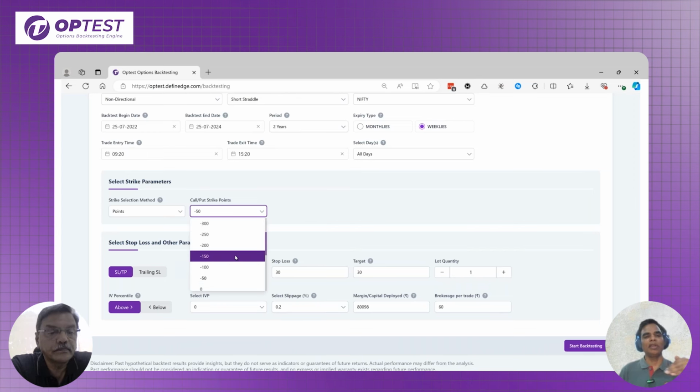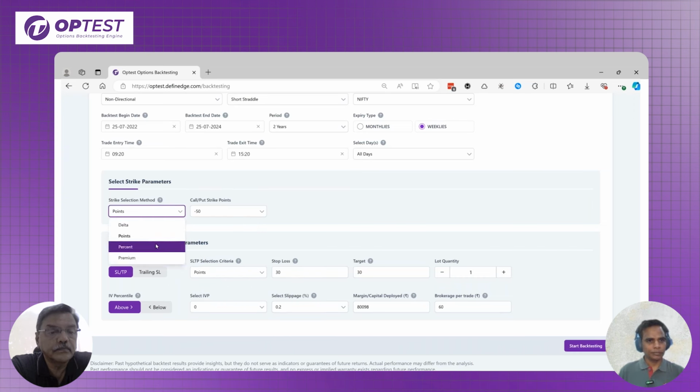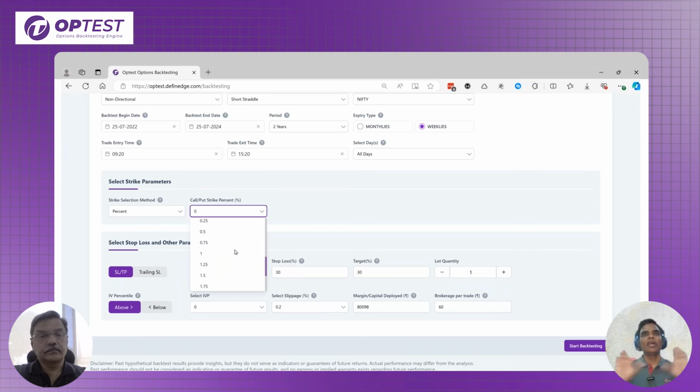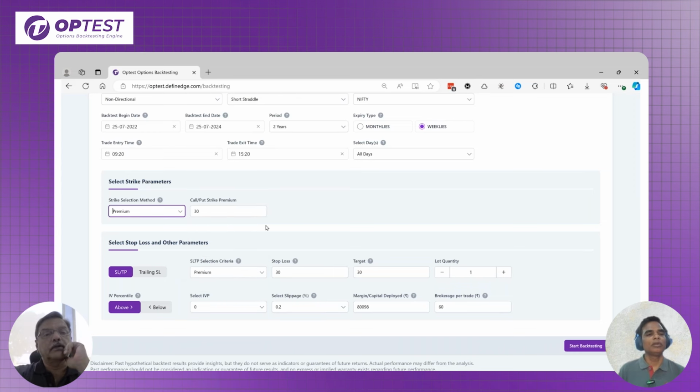We have a step size of 50. And then percentage. So you can choose 0.25% down of the at the money price from the future price, or 0.25% up. Either way you can select whichever strike you want. How does this percent work? Can you elaborate?